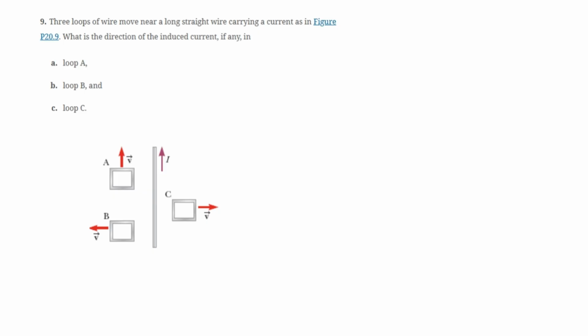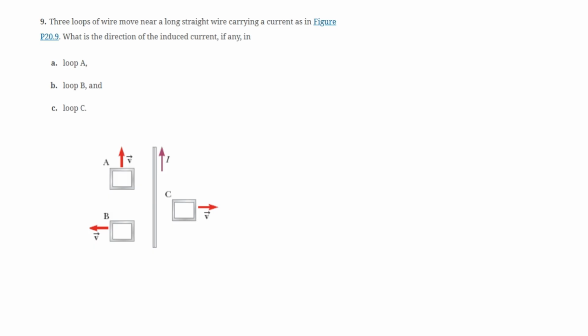Well, first, we know that due to this current I, we have a magnetic field surrounding this wire carrying the current I. So how is that magnetic field going to be?